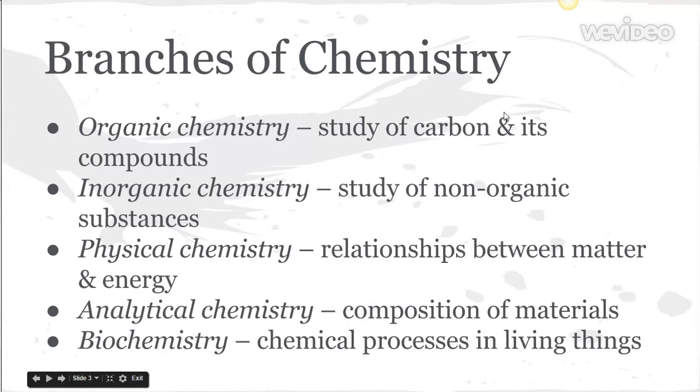Analytical chem, how things are composed, and also that might look at identifying substances. Then biochem, of course, that would be for more of a biology class type aspect. So we spend most of our time in inorganic chem, and then also in some analytical and some physical chem.